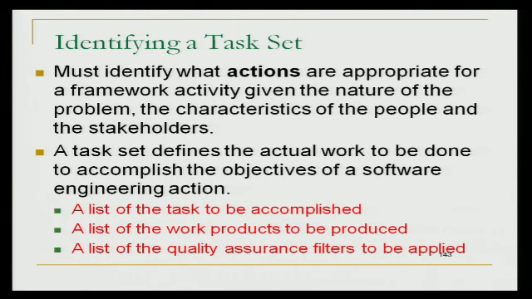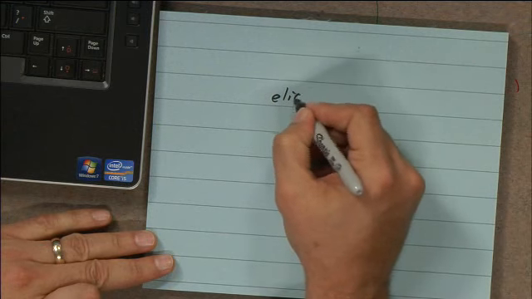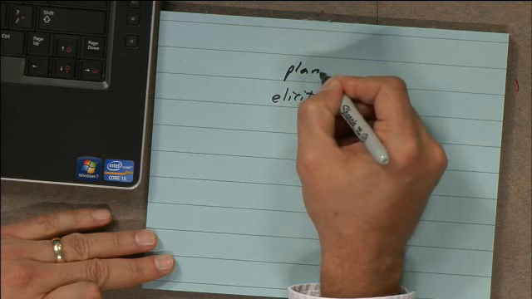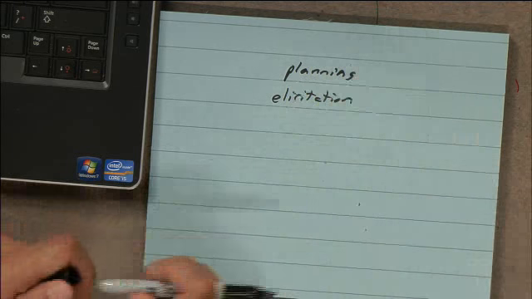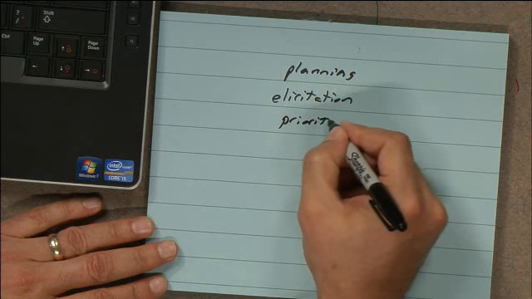Okay. Well, actually, there's a lot of tasks that, as a requirements engineer, you would want to do. Some of them we've already talked about, some of them we will talk about, but like tonight we're going to talk a little bit about you have to do a set of elicitation. Actually, even before that, you have to do some planning activities. You have to do some elicitation. You have to do some prioritization, right?